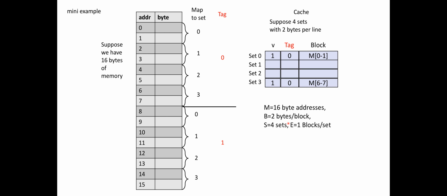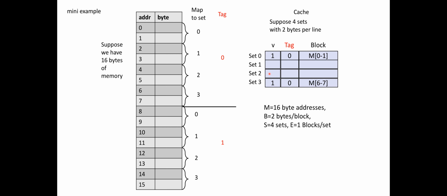And suppose that we have a cache over here that has a total of 4 sets. And in it, we'll have these things that I've talked about before, the valid bit, a tag, and then the data itself from our main memory over here is stored in the line in the cache.